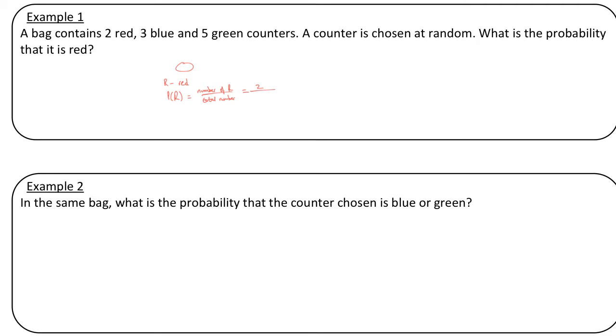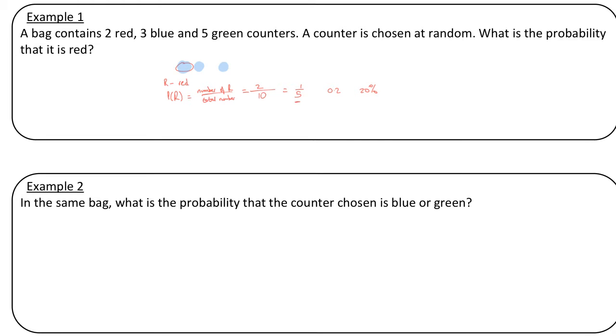We knew that there were 2 red, 3 blue and 5 green. Altogether, that's 10. So the probability is 2 out of 10, or 1 over 5. And 1 over 5 is fine to leave it in that. You could change it into a decimal, and that would be 0.2, and it could also be 20%.